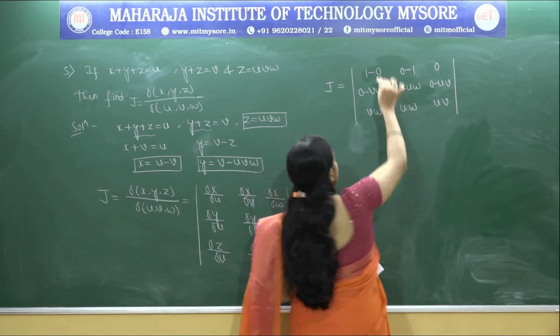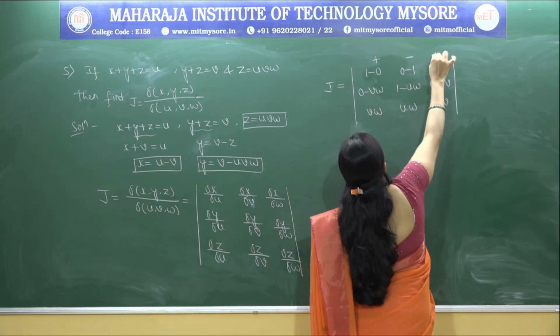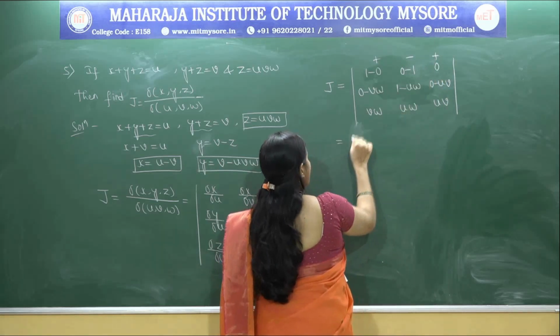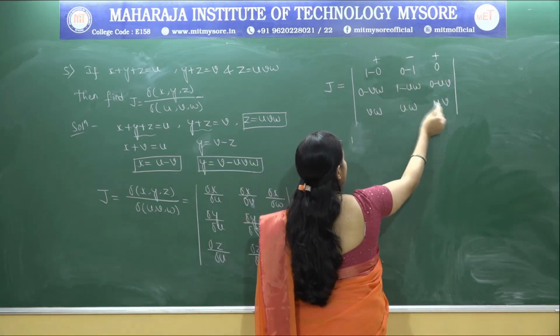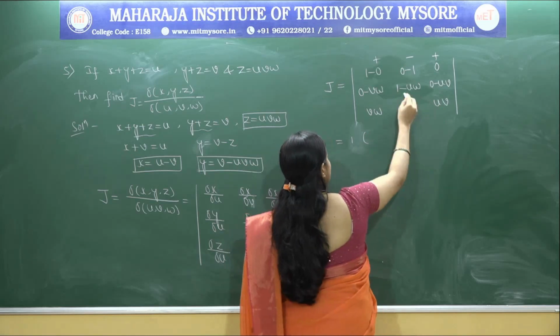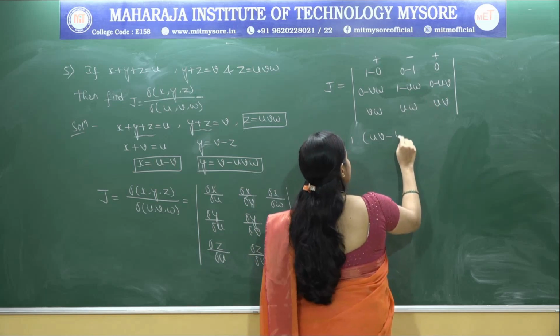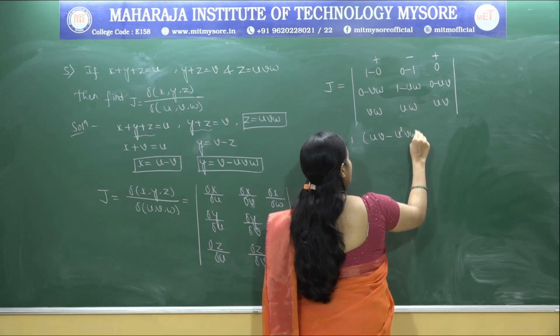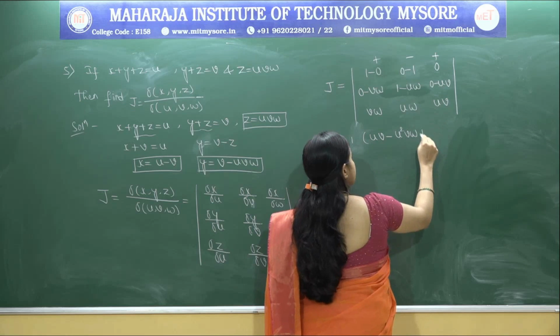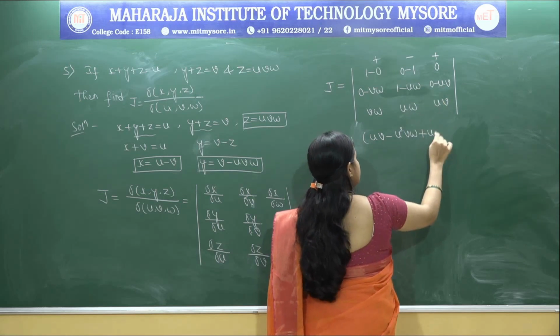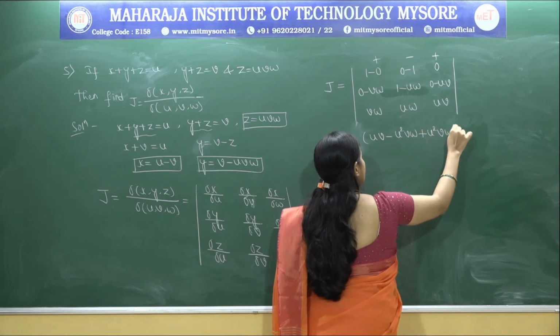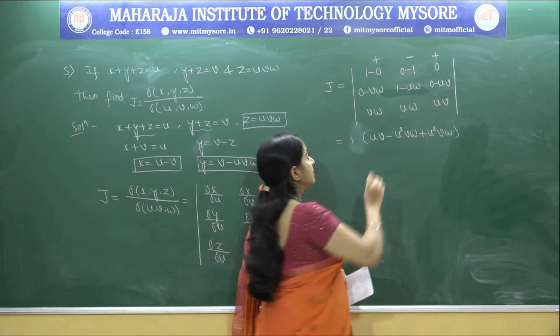Then expand this, you will get the answer with minus, plus signs. So the first term, 1 times, delete this row and column, take the determinant: cross multiply, uv minus u square vw, here you have the negative sign, plus, cross multiply this, u square vw. This is the first part.